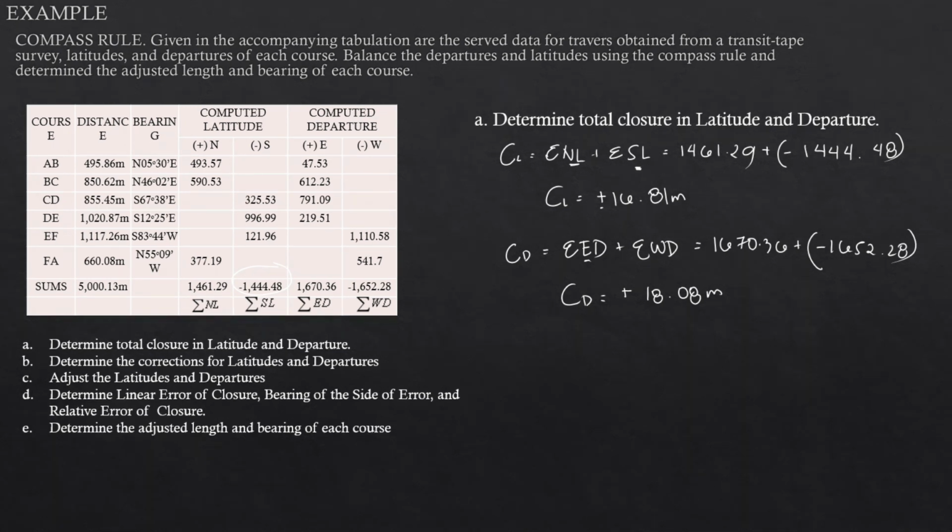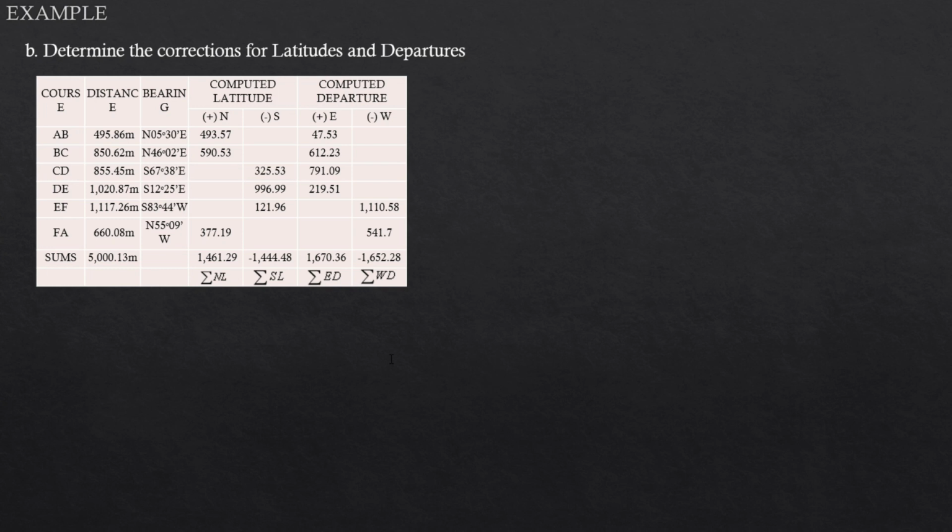Okay. Okay, so next, determine the correction for latitude and departure. So, kunin na natin yung correction. Ayan. So, meron tayong CL na nakuha kanina, which is equal to positive 16.81 meters. CD natin is equal to positive 18.08 meters. Okay, so para makuha natin yung correction sa latitude and departure, so for latitude muna tayo, correction.